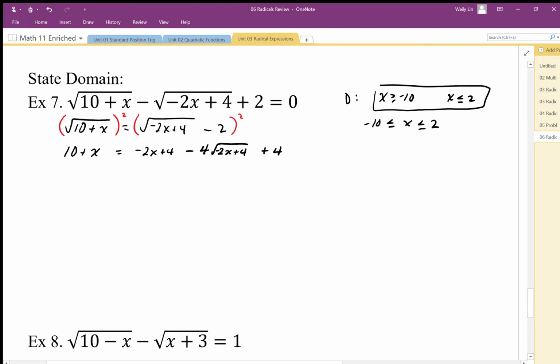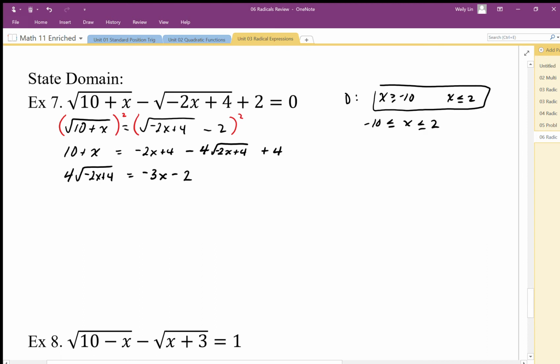Then I'll move this term to the other side, so I end up with 4 square root of -2x plus 4. I'll move this to this side, so I'm going to subtract an x, so I get -3x. Subtract 10, so I get 4 plus 4 minus 10 is -2.